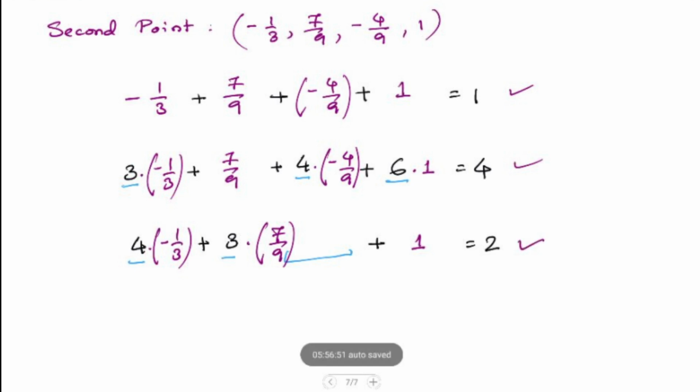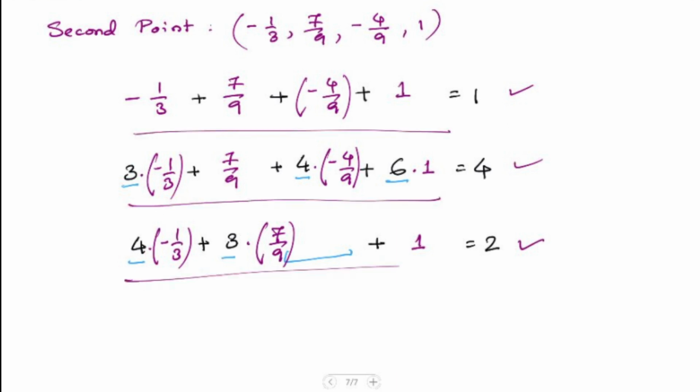So we have checked the values here. They're all correct. I haven't worked out in detail how each is equal to 1, 4, or 2, because you can just press this in the calculator and solve it easily instead of working it out by hand. That would show you that if you solve this part here, you will get 1, and if you solve this part here, you get a 4, and if you solve this part here, you get a 2.